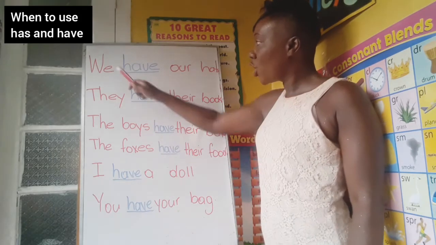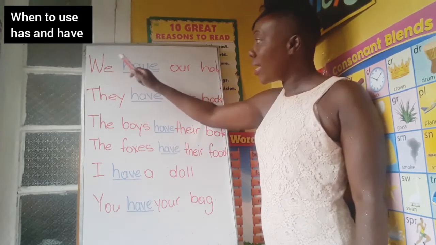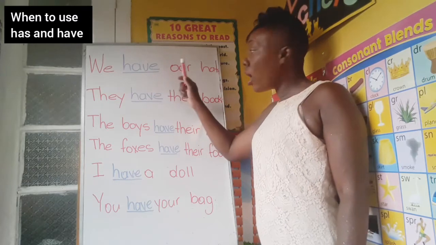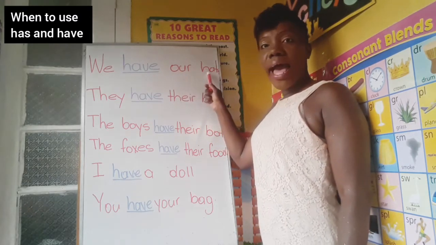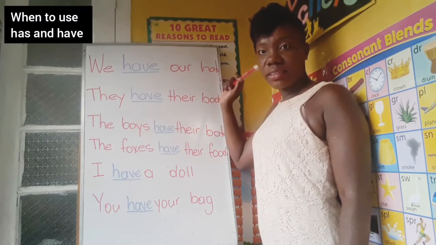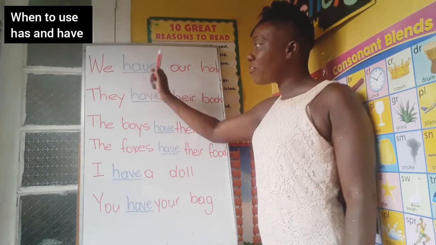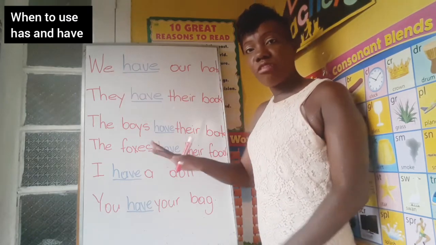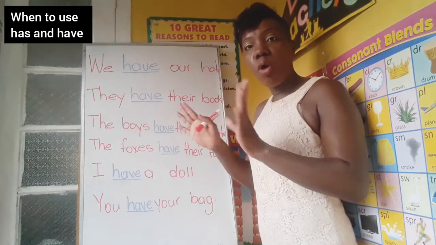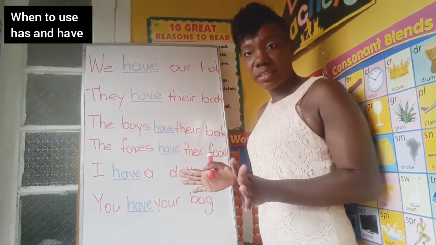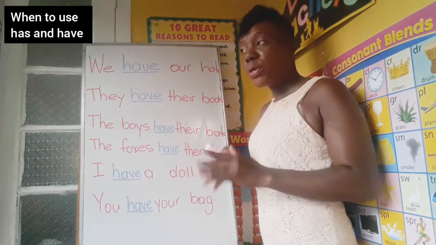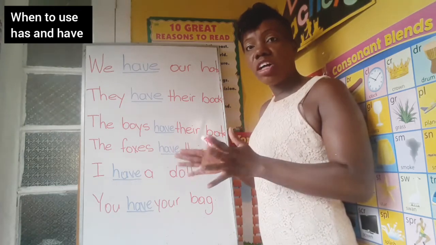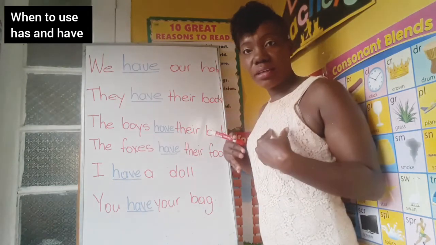Let's read. We have our hats. See? We use have because we is referring to more than one person. We don't know how many, but we know that it is more than one because we say we.